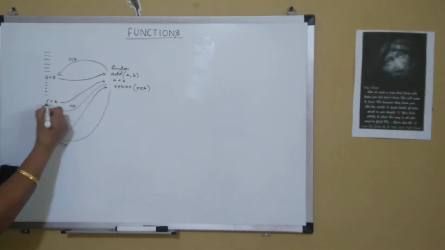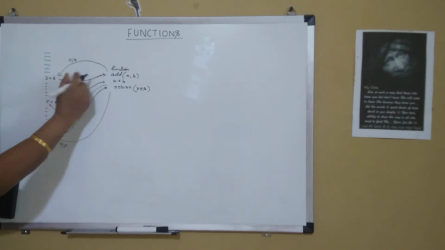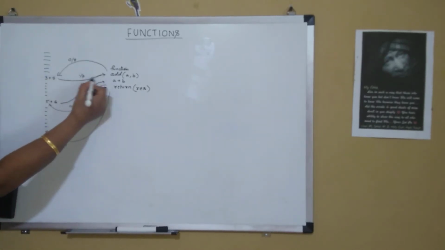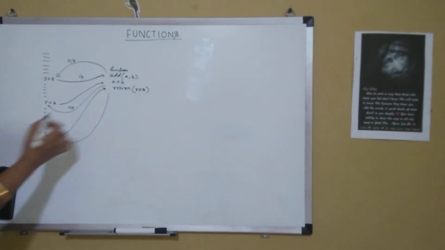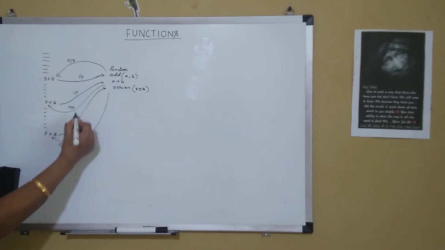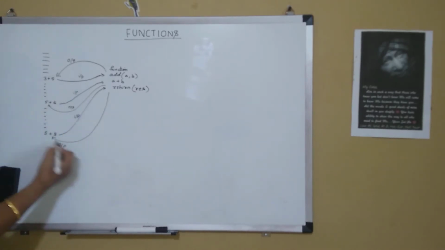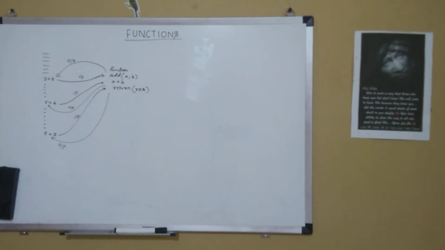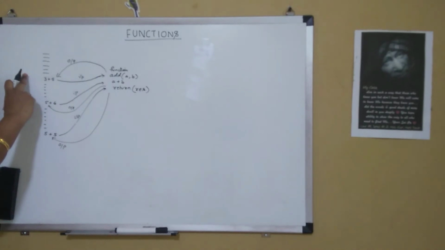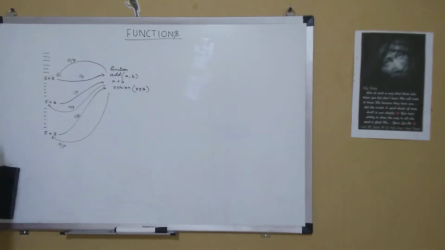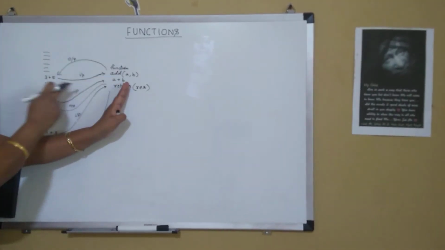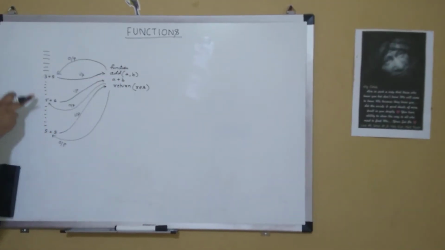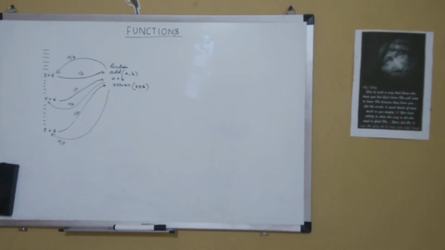So this is the output. Basically we are passing the input over here to the function and we are getting the output back to the caller statement. So these are the inputs and these are the outputs. This is just a single line of code, but if we want to perform multiple lines of functionality, then it would be better to write it in one place and call that function and get the result from the function instead of writing it n number of times in the program.